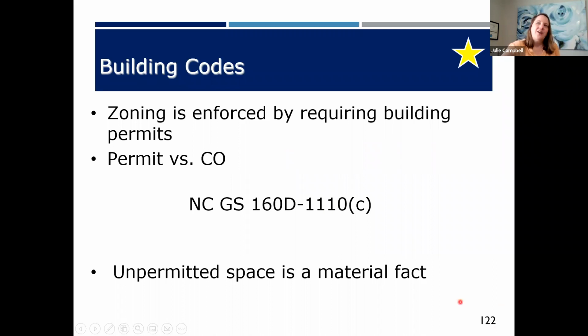I don't think it's going to affect the value of the home, but I know it's something that we still need to disclose, because a buyer deserves to know what they're buying. And bottom line, if the space is not permitted, they might run into some issues later in life.